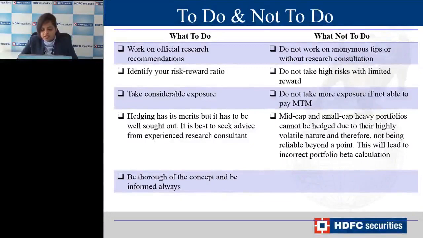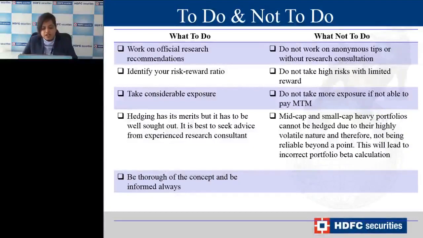We must not take high risk with limited reward but unlimited loss. So we know that hedging has its own merits, but it always has to be well thought out. Hedging is a little difficult to understand at first, but we must always know that it has its own merits and we must always stay hedged.